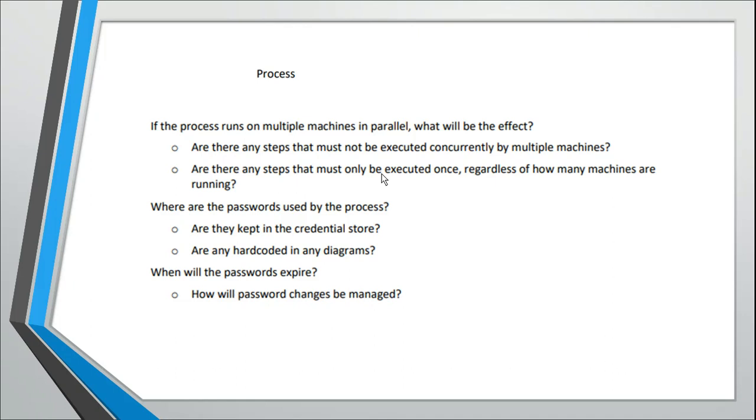What are the passwords used by the process? The next question: are they kept in the credential store or hard coded in any diagrams? Usually the passwords are kept in the credential store. You have to mention the credential variables or attributes in the document. An important one is when the password will expire for the particular process. If the password has expired, how will password changes be managed?